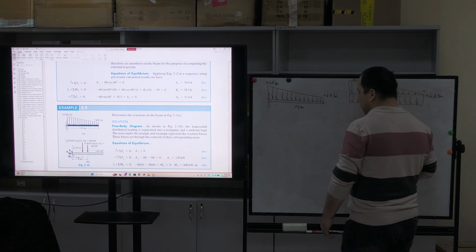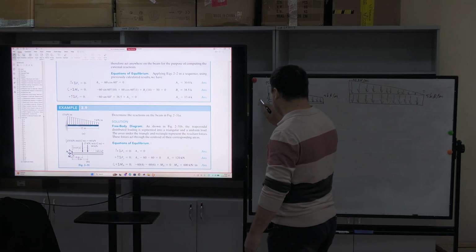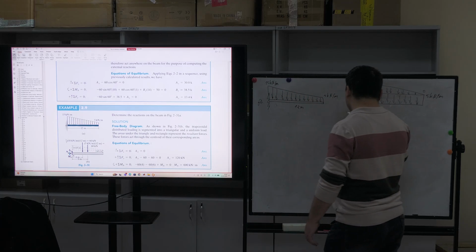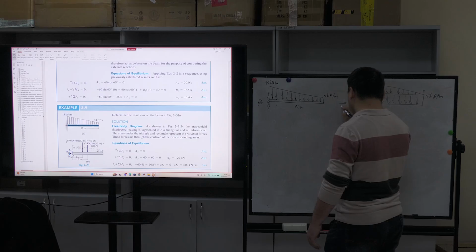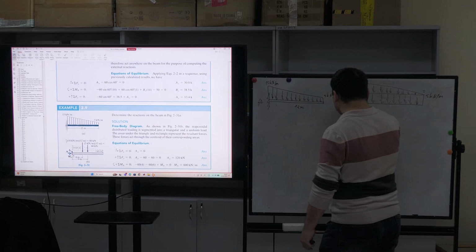So for a fixed joint, what kind of forces exist here? 3. 2 forces and 1 moment. Good. We have VA, HA, and moment MA also exists. Okay? Why? Because it's fixed.